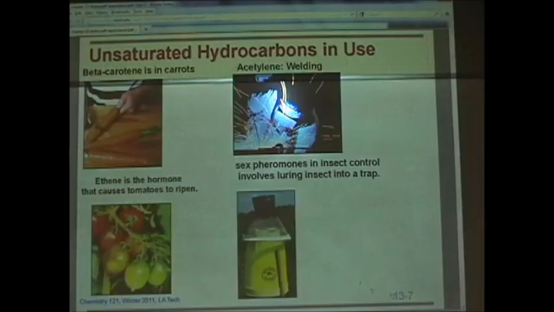Now, the other thing I want to show is applications of unsaturated hydrocarbons. The first one is carrots. They have beta carotene. Why do you need carrots? What is it related to?